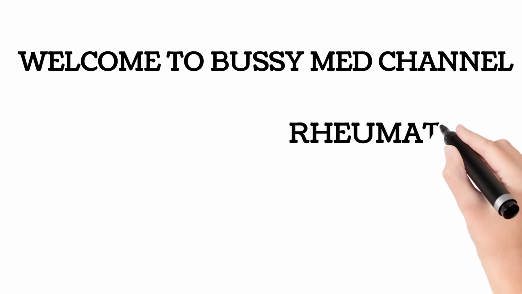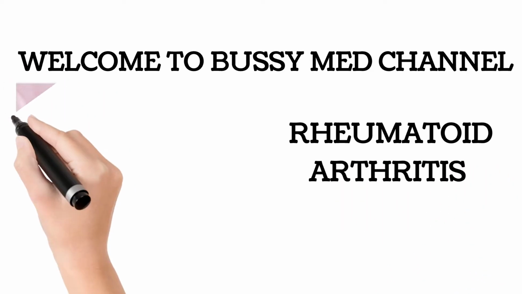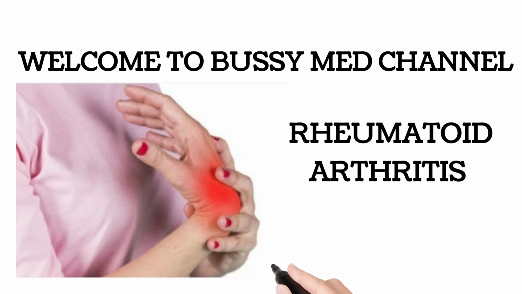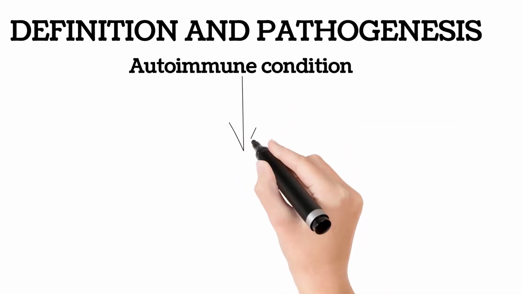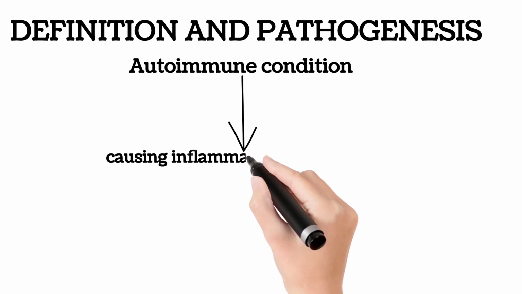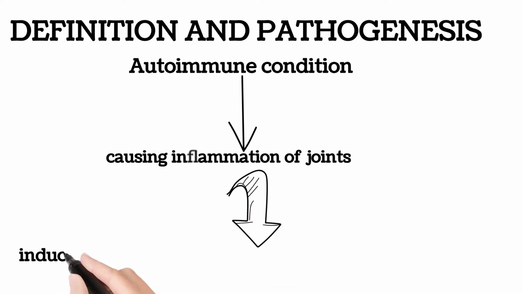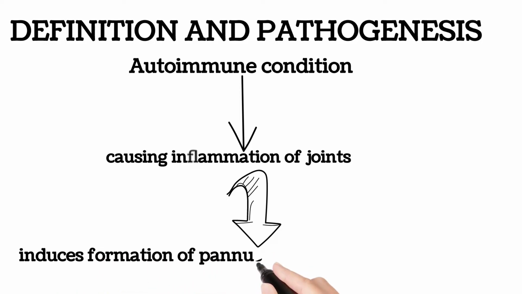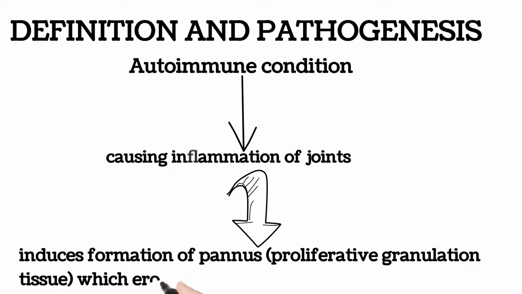In this video, I am going to explain about rheumatoid arthritis: definition and pathogenesis. Rheumatoid arthritis is an autoimmune condition in which inflammation of the joints occurs, leading to painful and swollen joints, and induces the formation of pannus.